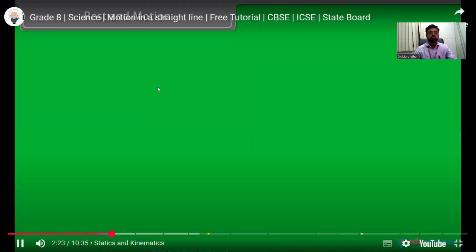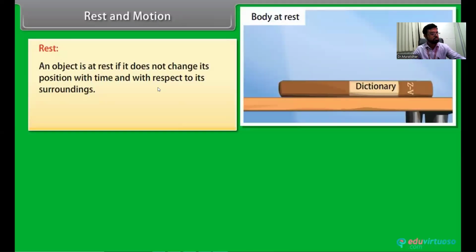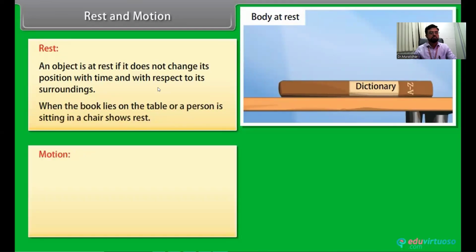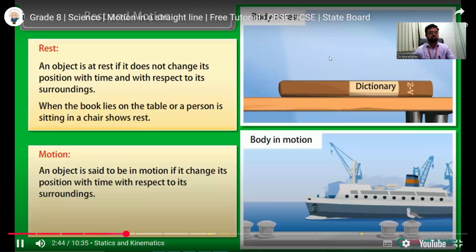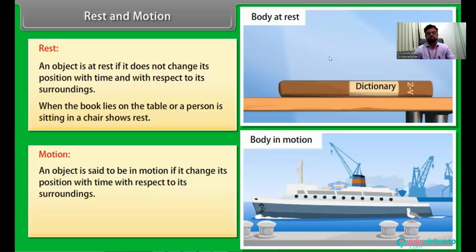Rest and motion. Rest. An object is said to be at rest if it does not change its position with time and with respect to its surroundings. A book lying on the table or a person sitting in a chair shows rest. Motion. An object is said to be in motion if it changes its position with time with respect to its surroundings.